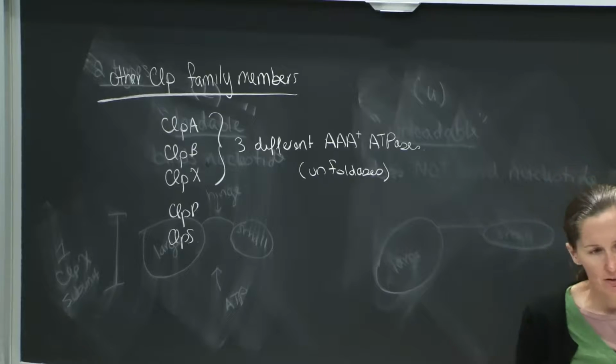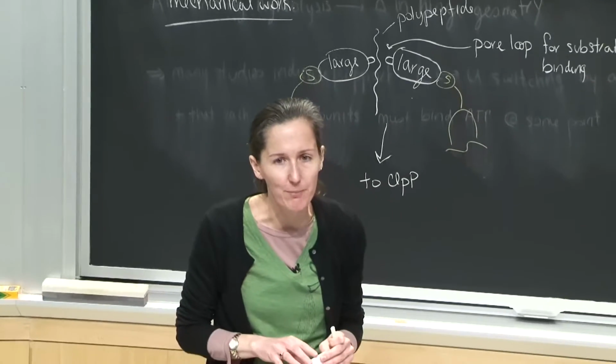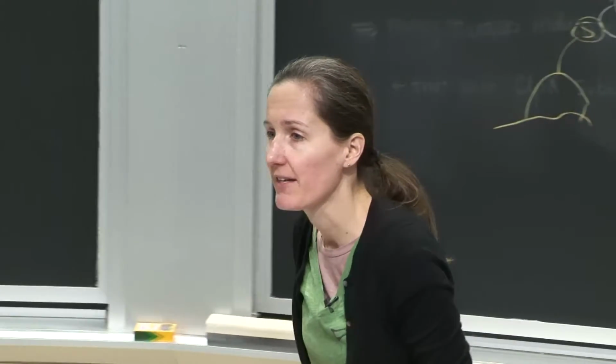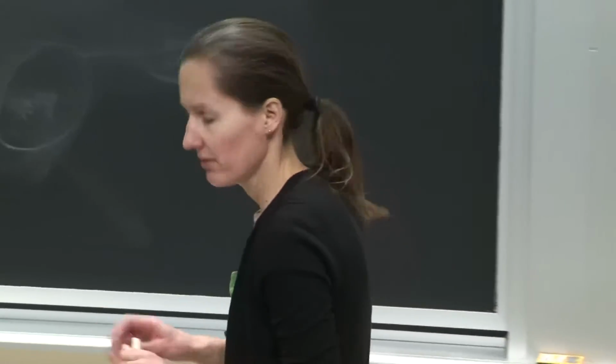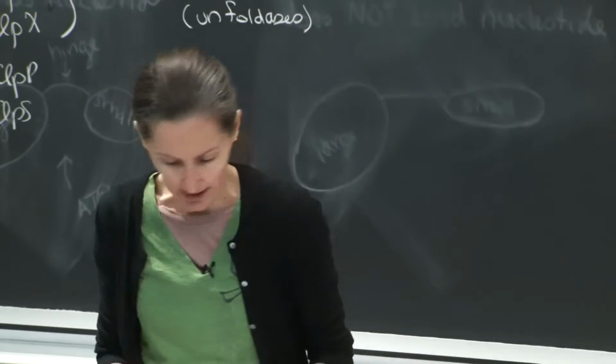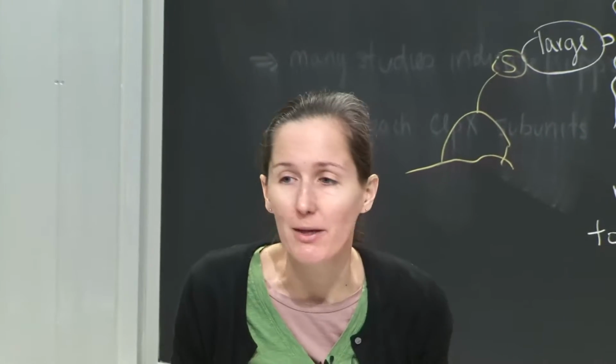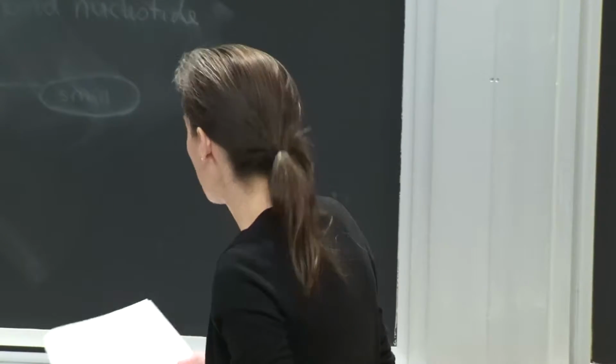And then we've only looked at this degradation chamber from bacteria. You might want to ask the question, what happens in other organisms? And the answer is that the complexity varies, and systems become tremendously more complex as you move from bacteria into eukaryotes.